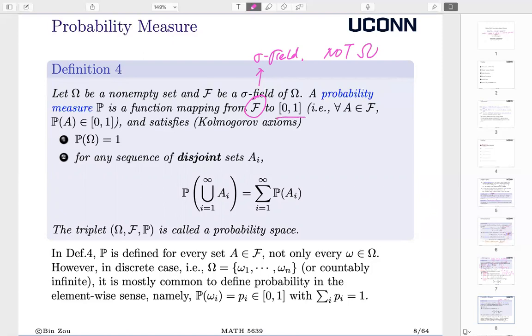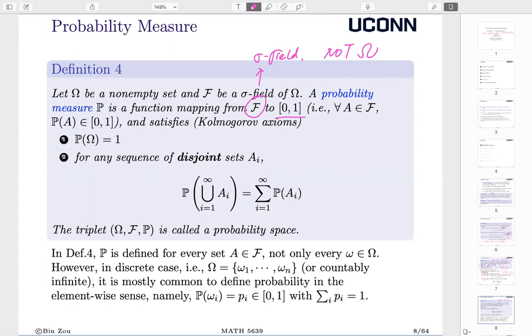Now you define probability from the sigma field to [0, 1]. And if you study something even more general, it's from the sigma field to real numbers. The measure does not need to be between 0 and 1. And sometimes you can even generalize to a signed measure, which does not even need to be positive. It can be negative.